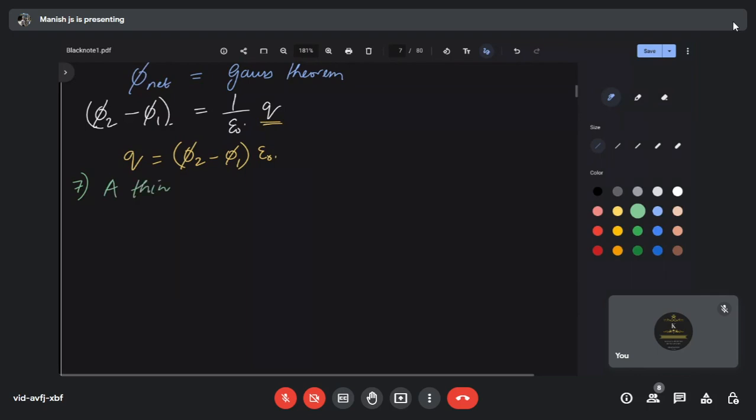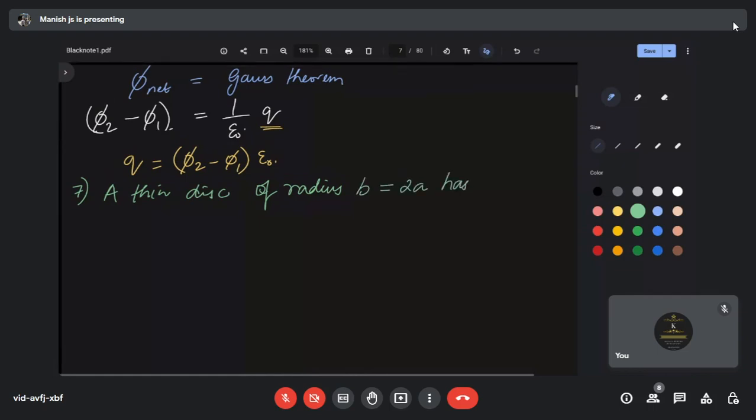A thin disk of radius b is equal to 2a has a concentric hole of radius a in it.